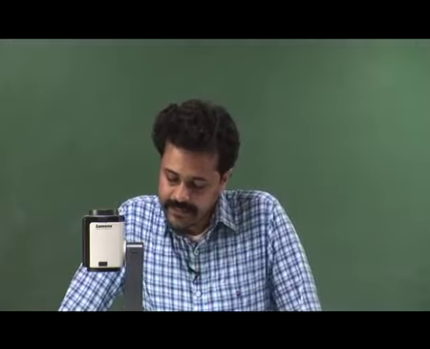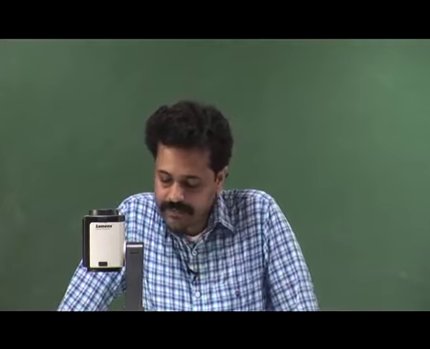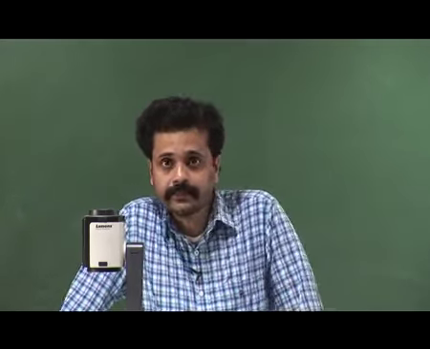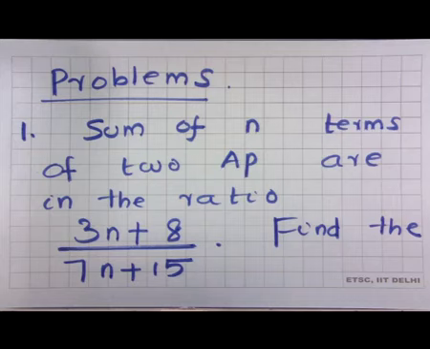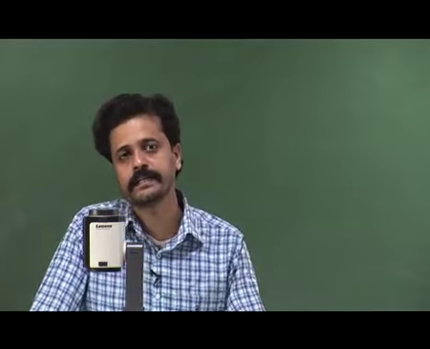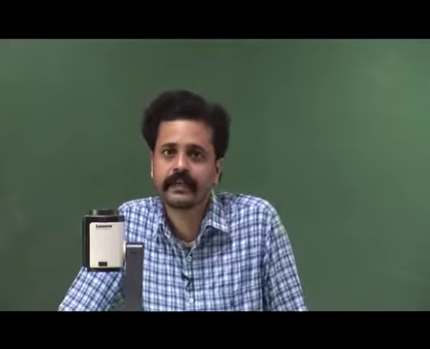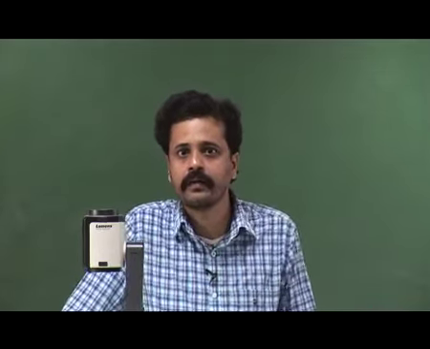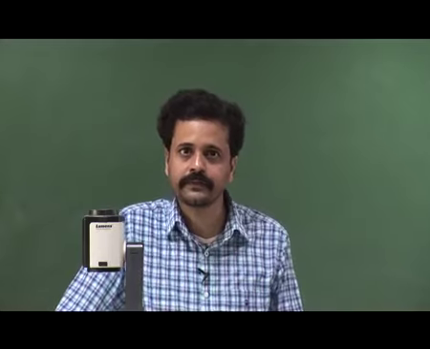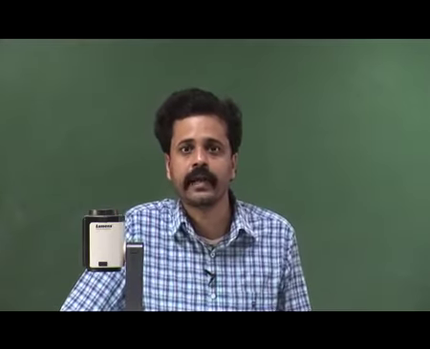The data is the ratio of sum of n terms of 2 APs. Please recall that given an AP with first term A and common difference D, we do have a formula to find the sum of n terms of that AP.